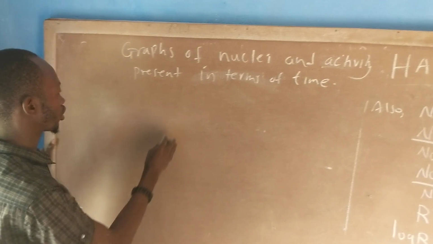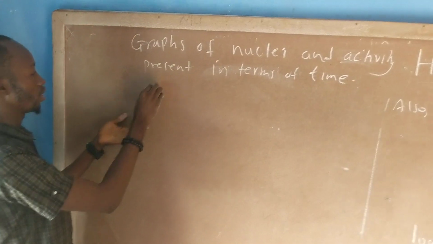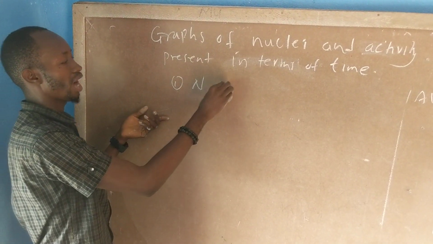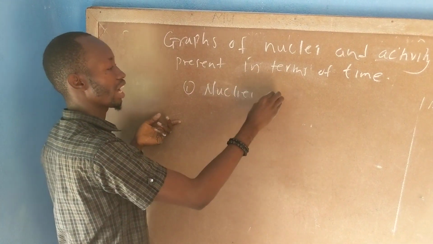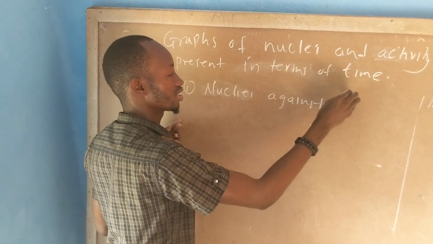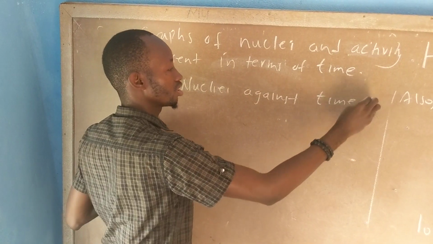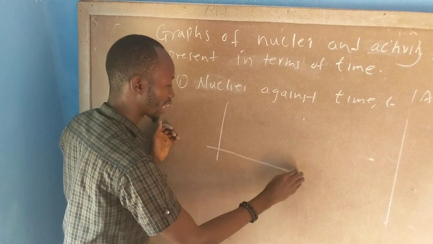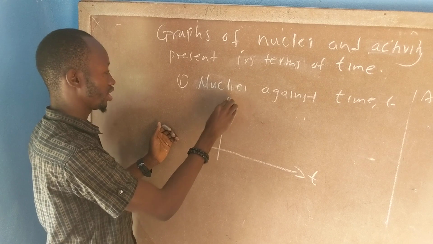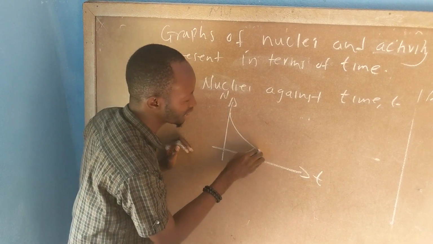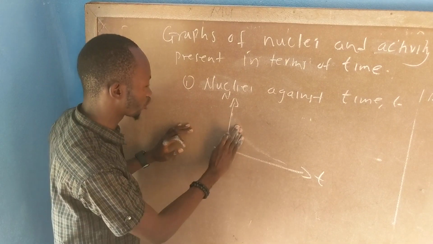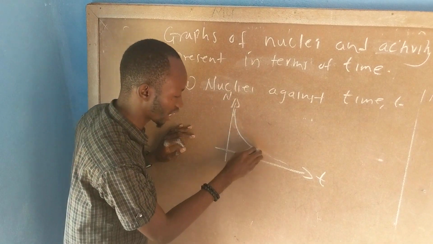So sometimes you might be asked, let's say the first graph, nuclei present N against time t. So the graph would look like this. T, and this is the nuclei present N. The graph is simply an exponential graph.